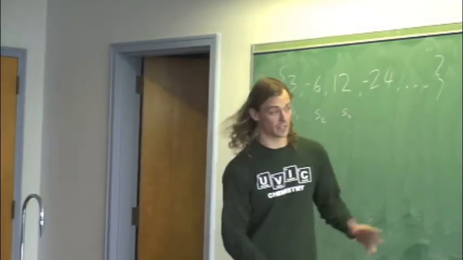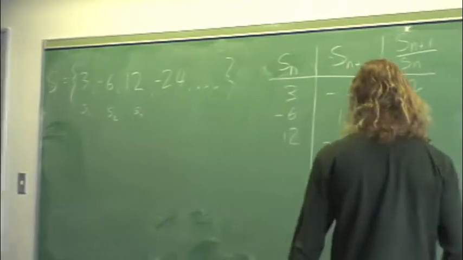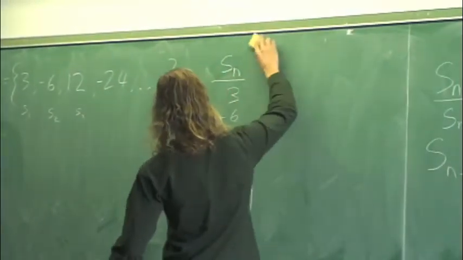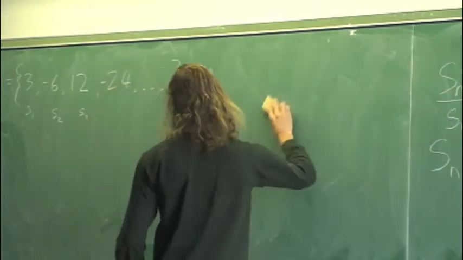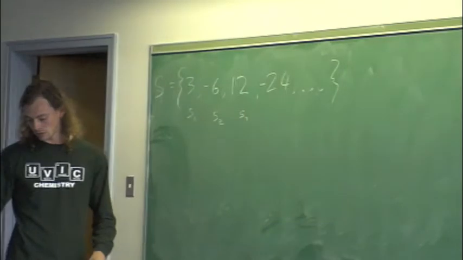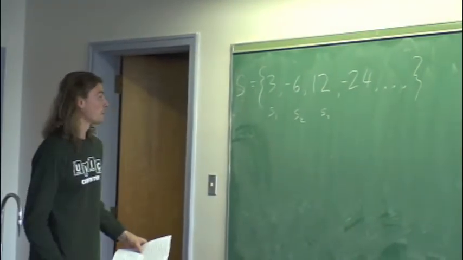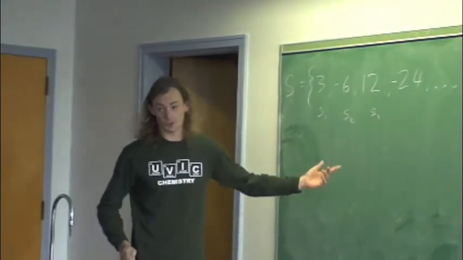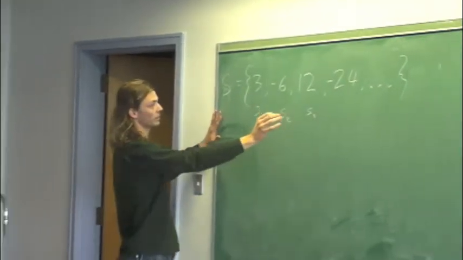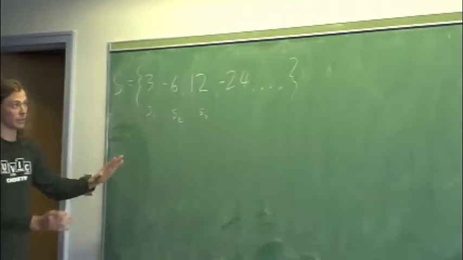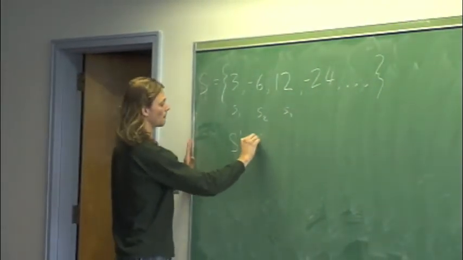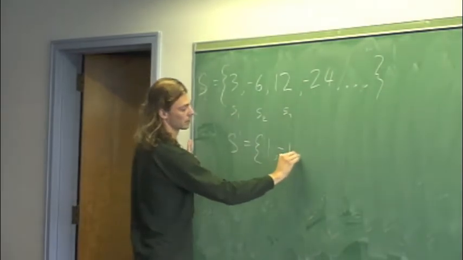Okay, now we'll erase this and move on to the explicit form. The first thing we notice is that there are these alternating negative signs. So I can look at this set as being composed of 3 different sets. There's what I'll call S1, which is just this alternating negative sign.